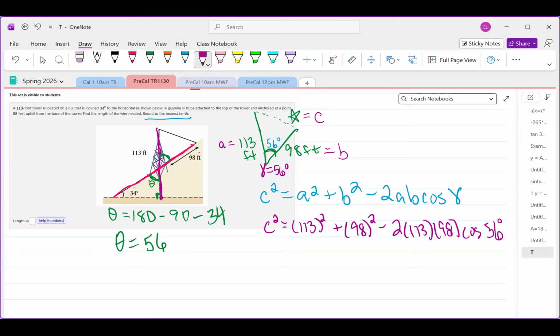So 113 squared plus 98 squared minus 2 times 113 times 98 times the cosine of 56. So I got 3,475.88. And that seems way too big. So now I'm going to square root it.